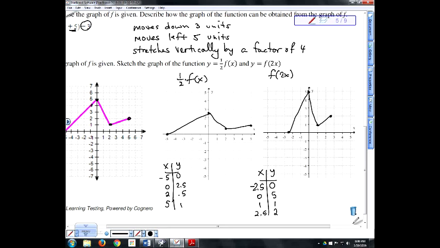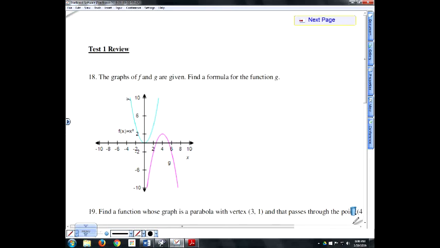Okay, question 18. This is the original function f of x equals x squared. We need to come up with an equation for this graph here. It's moved 4 to the right, up 2, and it's reflected.